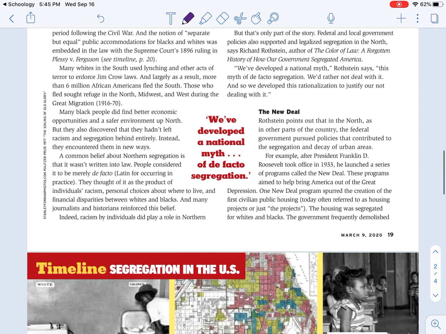So I'd continue on. I might notice this: we've developed a national myth of de facto segregation, de facto. So de jure segregation, I know from past knowledge, is actually the legal laws. De facto is kind of, it just is. This is the way it is.